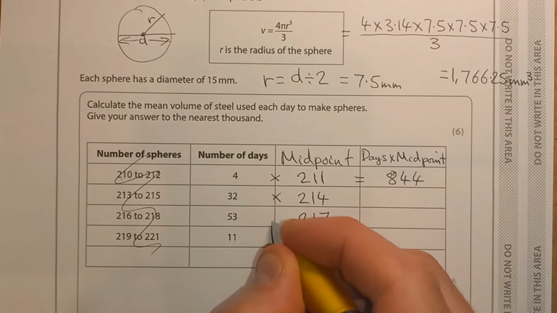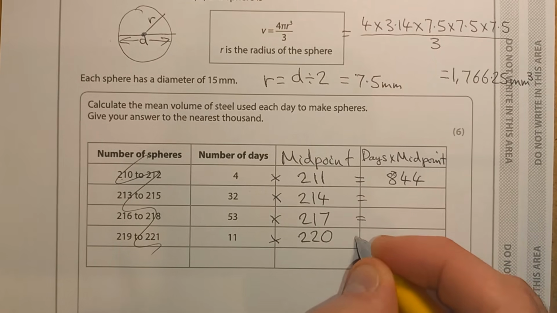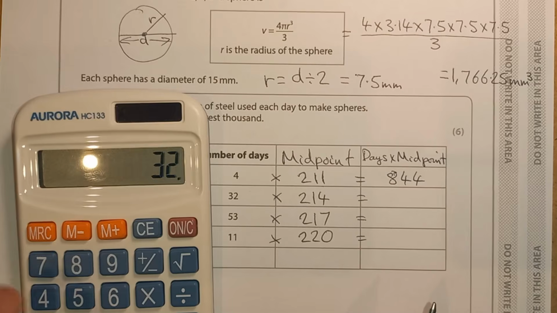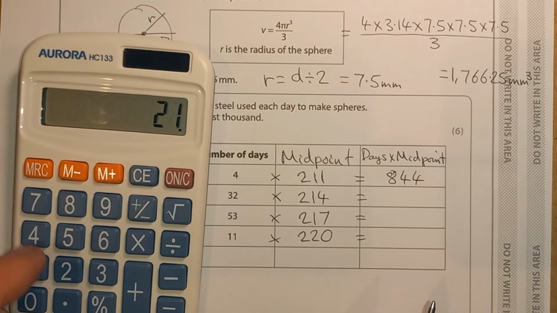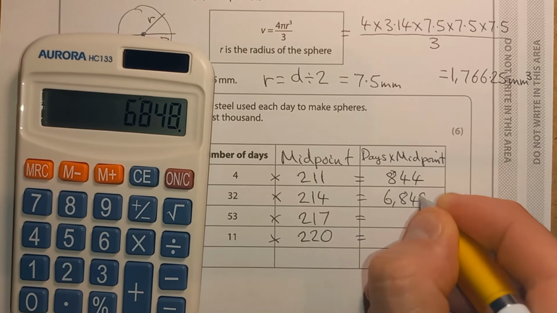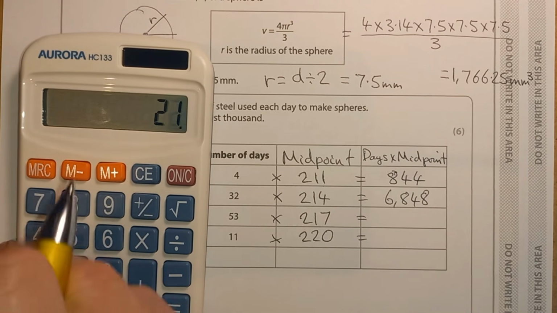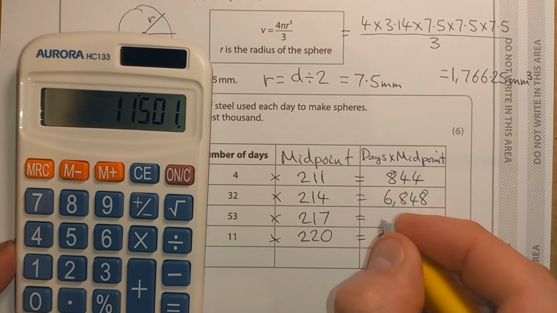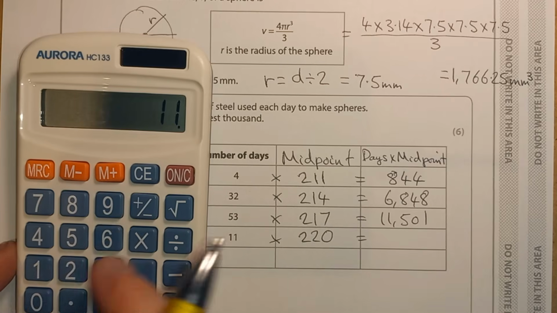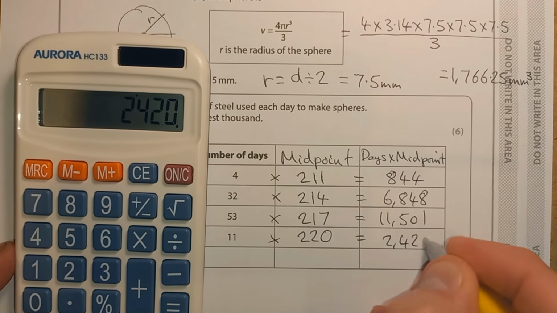So what we're going to do is do the same for each of the categories. So 32 times 214 is 6,848. 53 times 217 is 11,501, and 11 times 220 is 2,420.